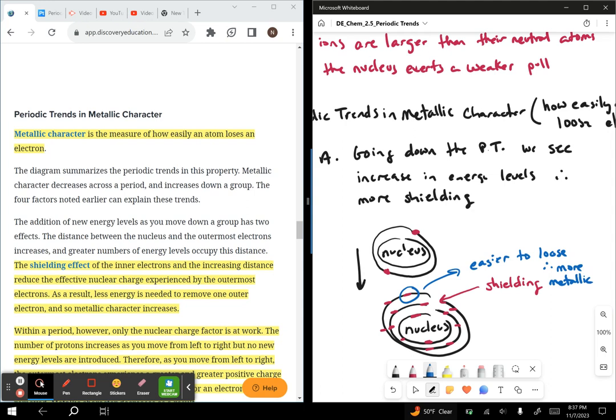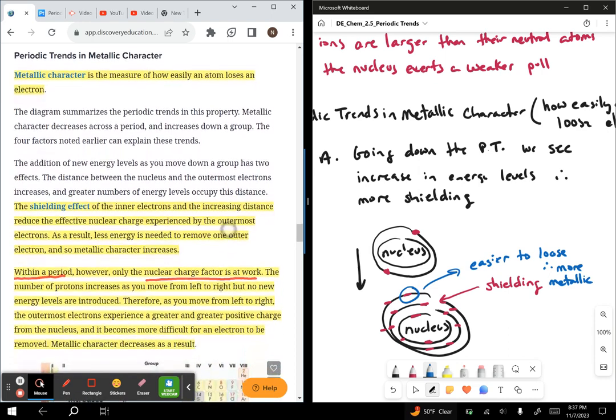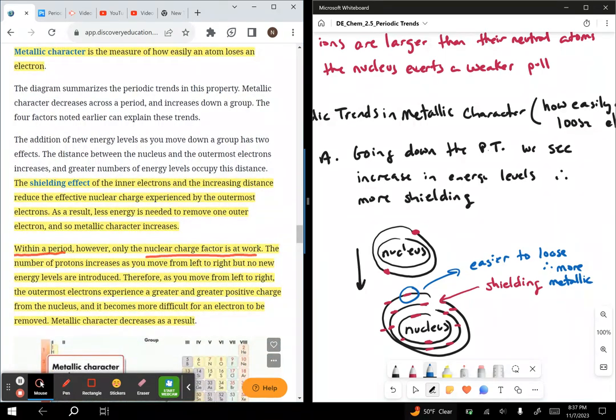Now, within a period, if you go across, only the nuclear charge factor is at work. Okay, there's not additional energy levels. The number of protons increases as you move from left to right, but no new energy levels are introduced. Therefore, as you move from left to right, the outermost electrons experience a greater and greater positive charge from the nucleus, and it becomes more difficult for an electron to be removed.